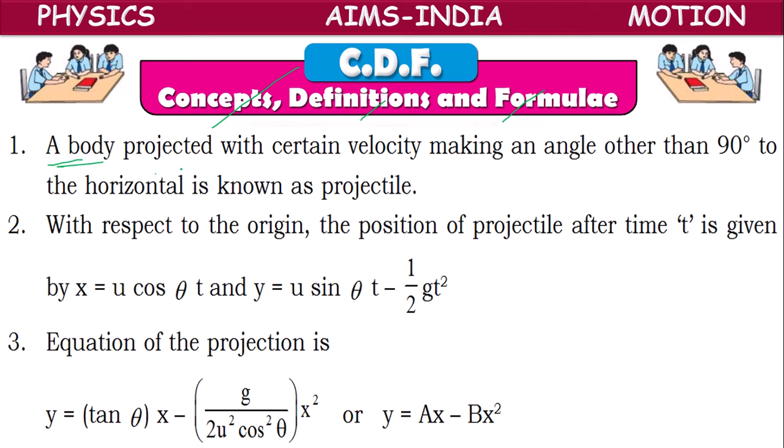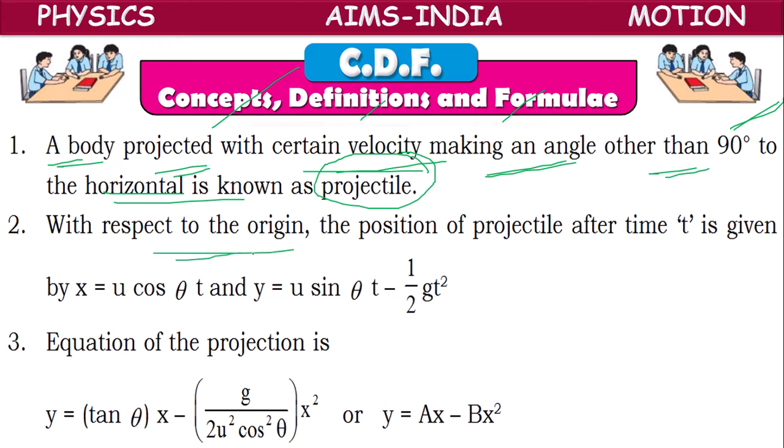A body projected with a certain velocity, making an angle other than 90 degrees to the horizontal, is known as a projectile. Suppose with respect to the origin, this is the horizontal and this is the vertical.